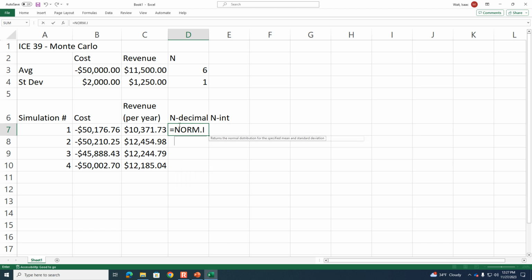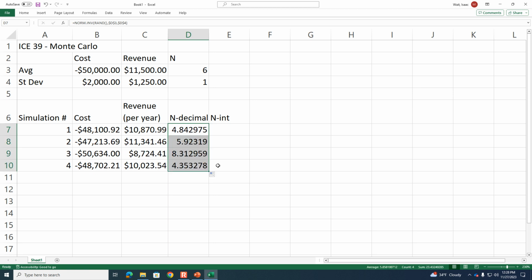NORM.INV, RAND. The mean will be here. The standard deviation will be there. And now we've got some random assignment for how long the equipment lasts. Here we've got one that lasts 8.3 years, which should be very rare based on the average value and the standard deviation that we've set.